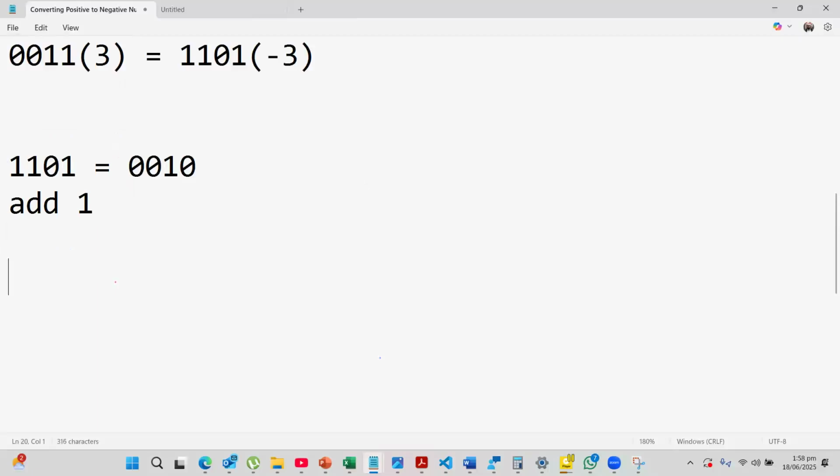If I add 1 to 0, 0, 1, 0, I'll get 0, 0, 1, 1. Doesn't this look like this one here? So again, the 2's complement is the computer's way of identifying positive and negative numbers.